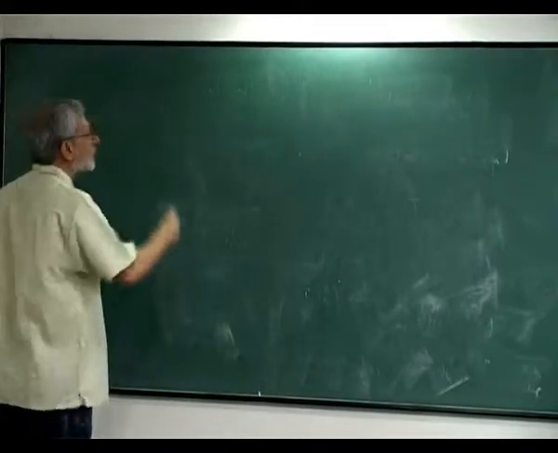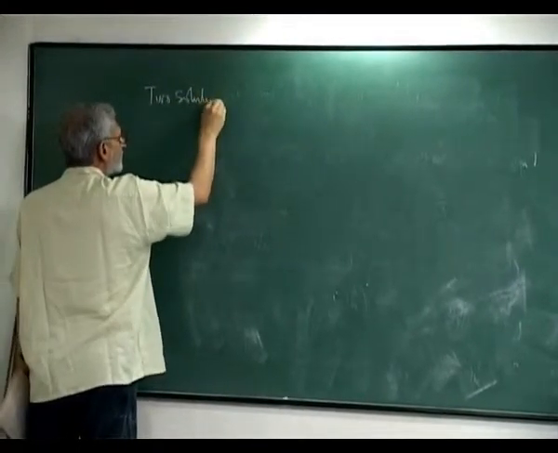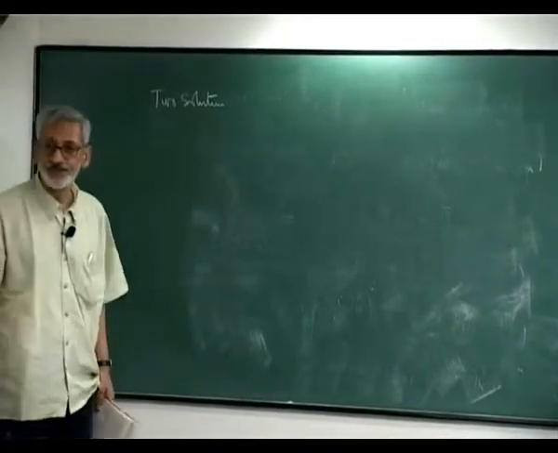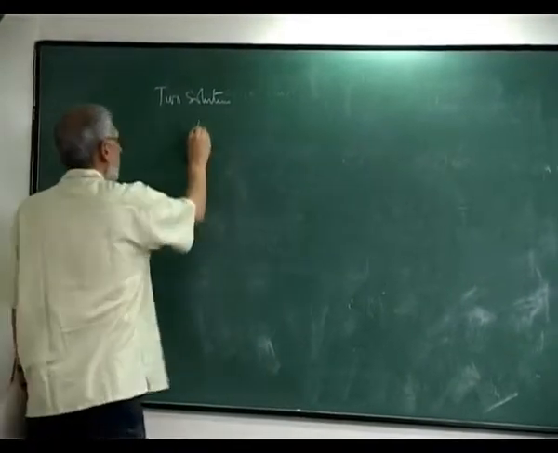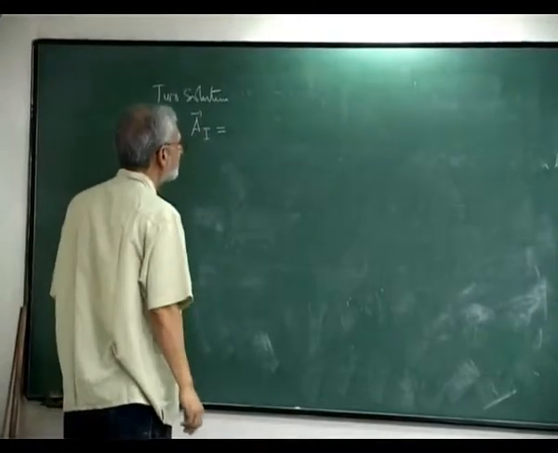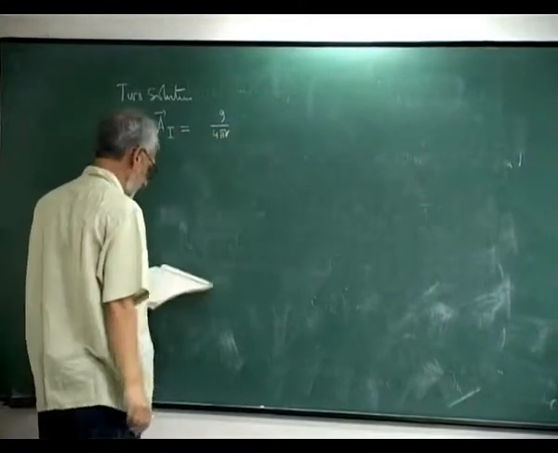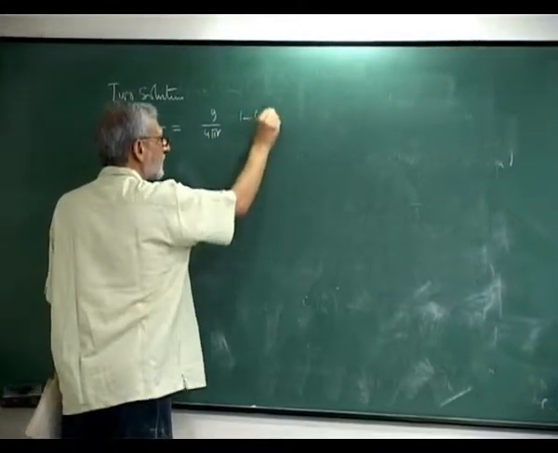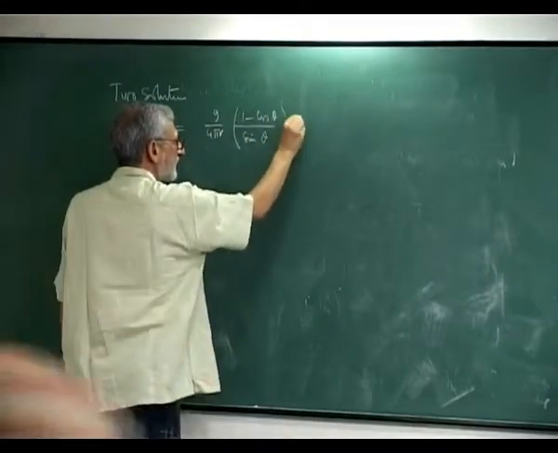Now, there are two solutions to this problem. The solution 1, I will call it A vector 1, is g by 4 pi r, 1 minus cosine theta divided by sine theta, E phi.